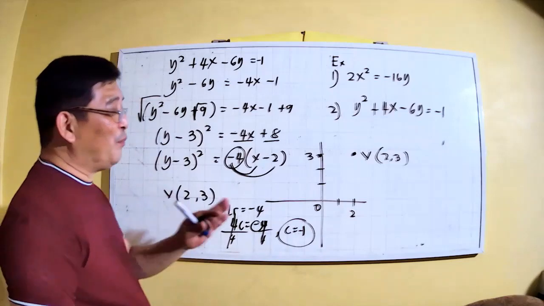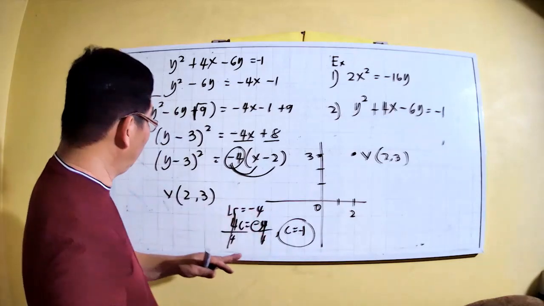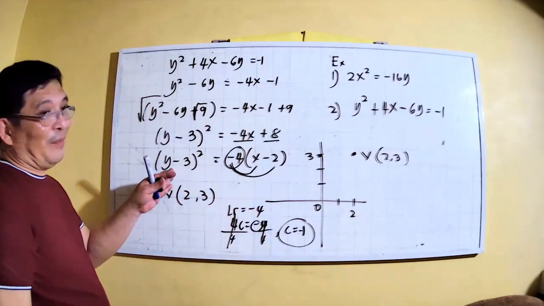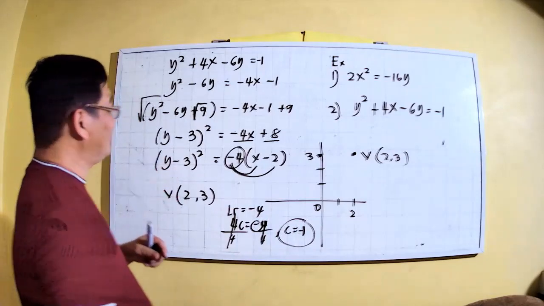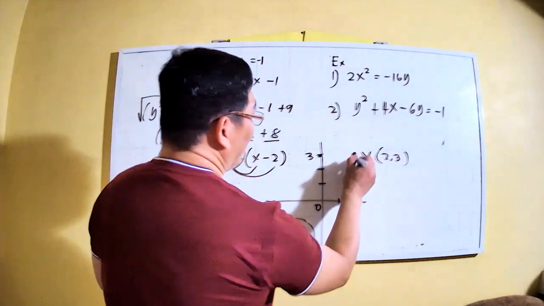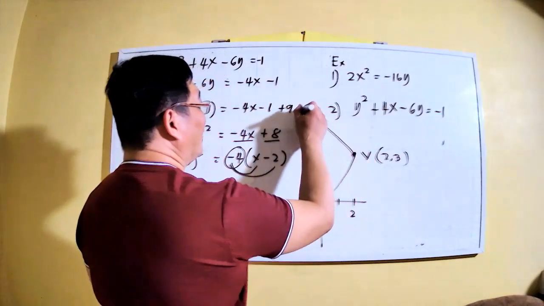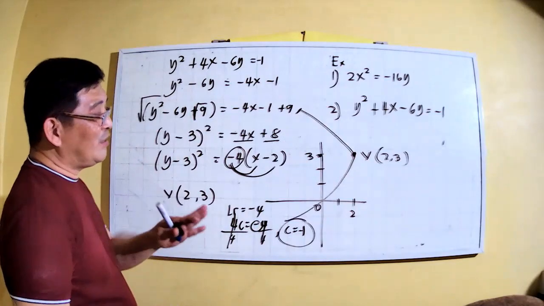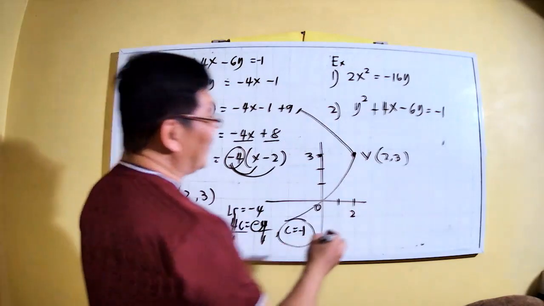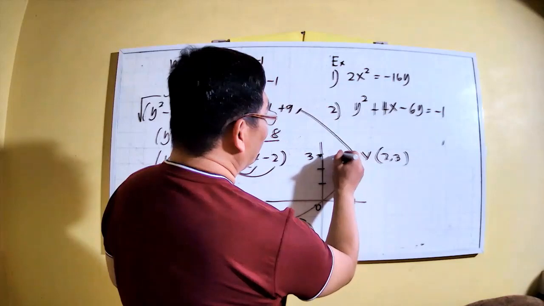Meaning, our behavior of graph is going to the left. Kasi y yung naka-square, di ba? So kung going to the left yan, ito yung behavior ng graph natin. Nasaan ngayon yung focus natin? Kung hinahanap yung focus, this is 1 unit away from the vertex. This is 2. Ito yung focus natin.